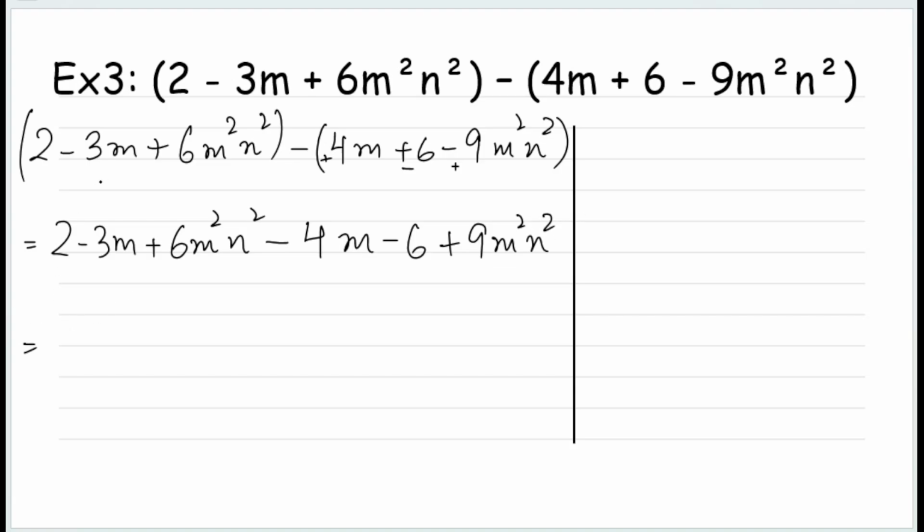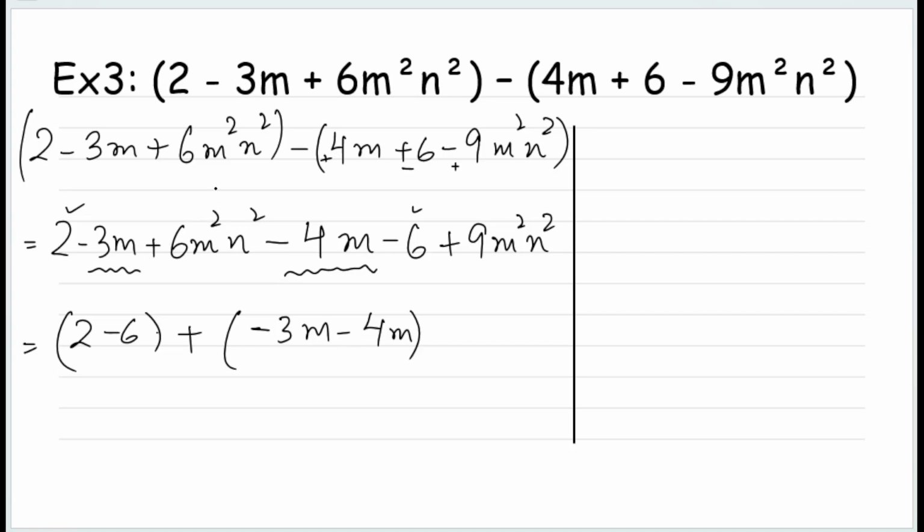Let's combine the like terms. 2 is a constant. Do we have some other constant with us? Yes, minus 6. 2 minus 6 plus minus 3m. Do we have another m term? Yes, minus 4m. So negative 3m, negative 4m, and then we have 6m square n square, 9m square n square.